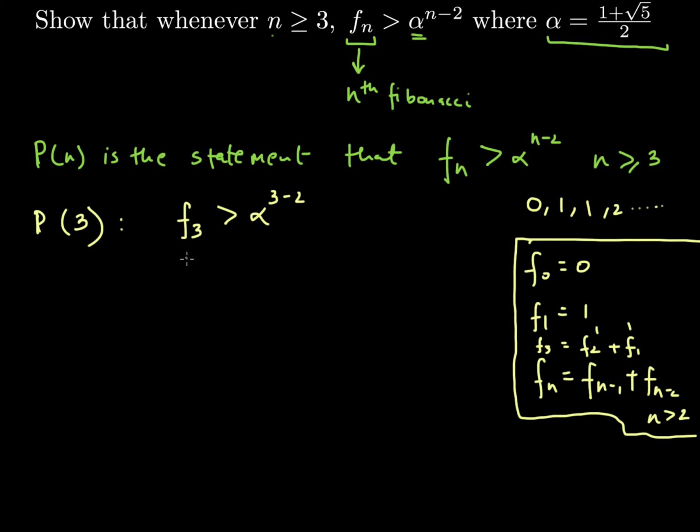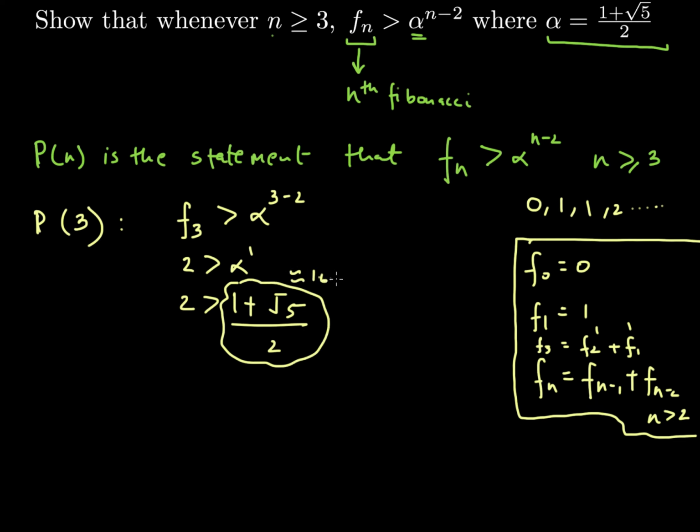So f of 3 is 2, which is greater than alpha to the power of 3 minus 2, which is alpha. Alpha is a constant, 1 plus root 5 over 2, and if you plug it in a calculator it is approximately 1.60. I can see that 2 is greater than 1.60, so my basis for at least P of 3 is true. Now I'm going to solve this for P of 4.